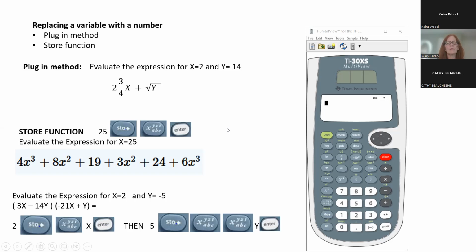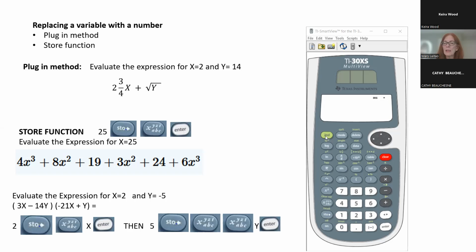If a student on a test was given this expression and they wanted the value of this entire thing if you replace the x with a 2 and the y with a 14, you can just type this in as you see it, but instead of the x, you would put in the number 2, and instead of the y, the number 14.